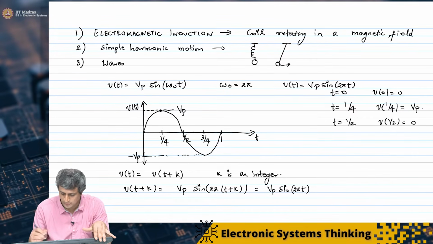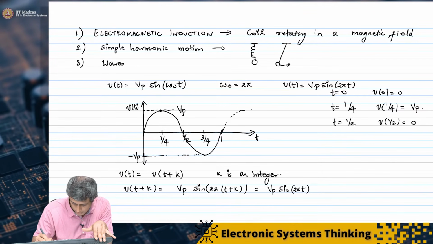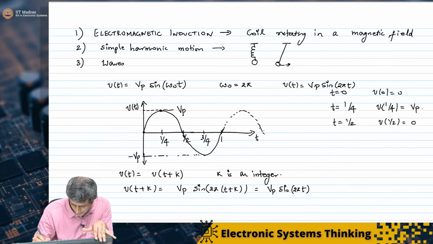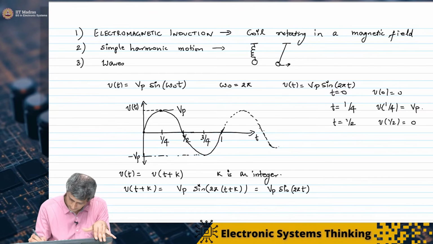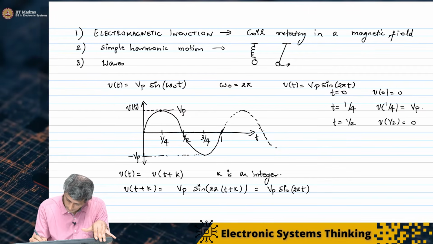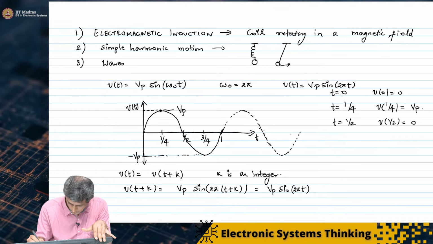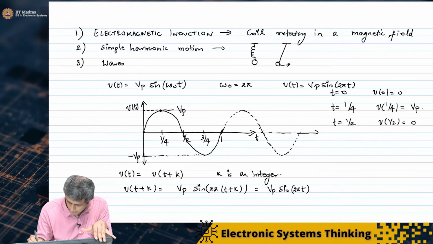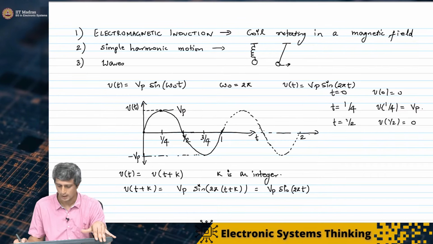So if you look at this particular wave, it will just continue to do exactly the same thing. It will go like this, it will fall, then it will come down, right, it will just keep repeating like this. So this will be 2, 3 and so on, right.